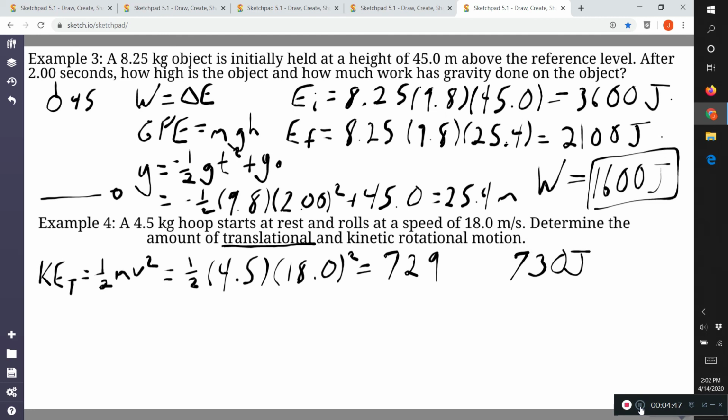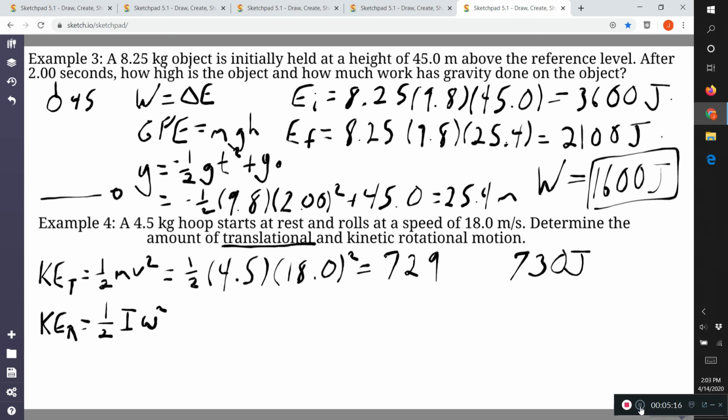The problem is we don't have near enough information to do our kinetic energy rotationally the same way. But luckily for us, there's going to be some cancellations and some nifty stuff that happens in the formula. So our kinetic energy rotational formula is going to be 1/2 I omega squared.